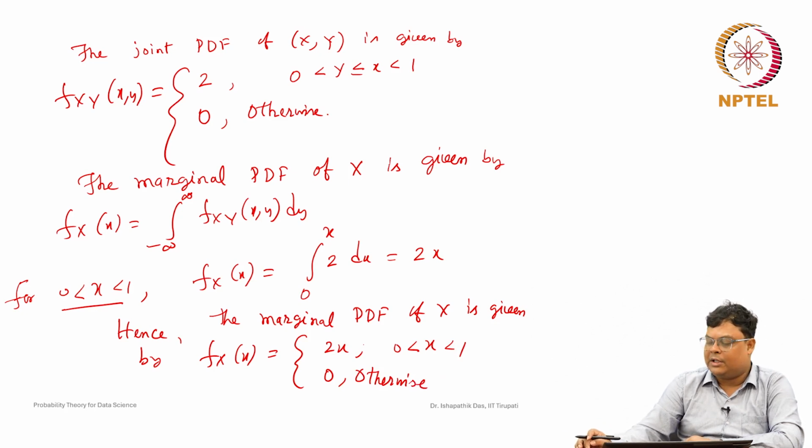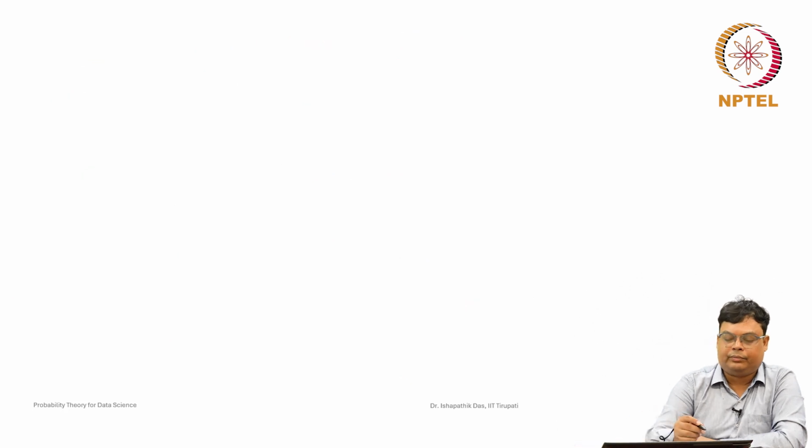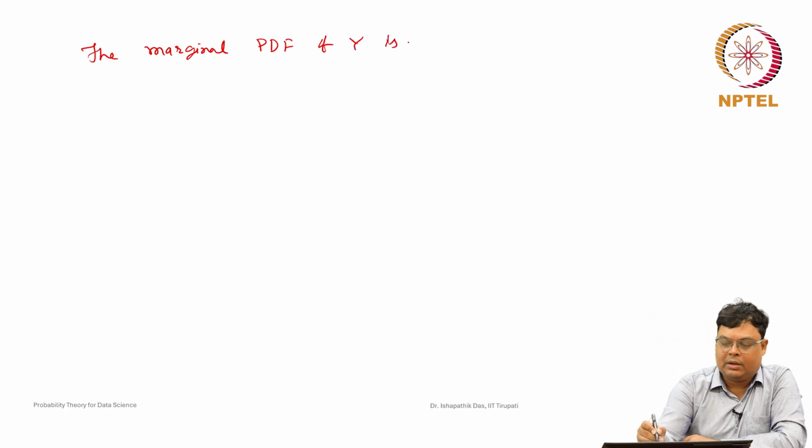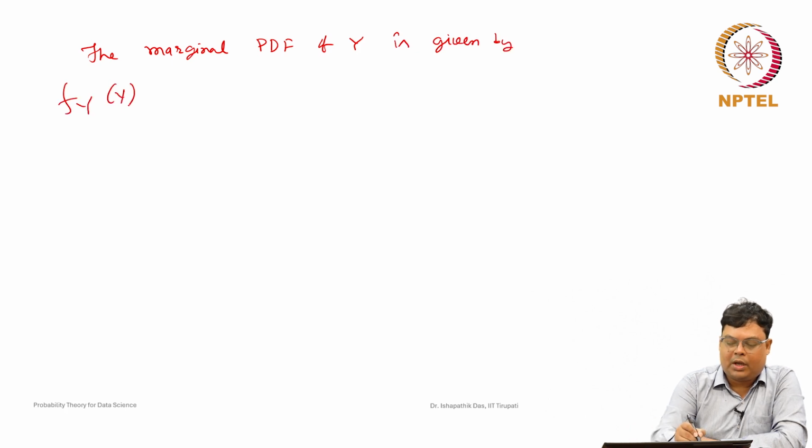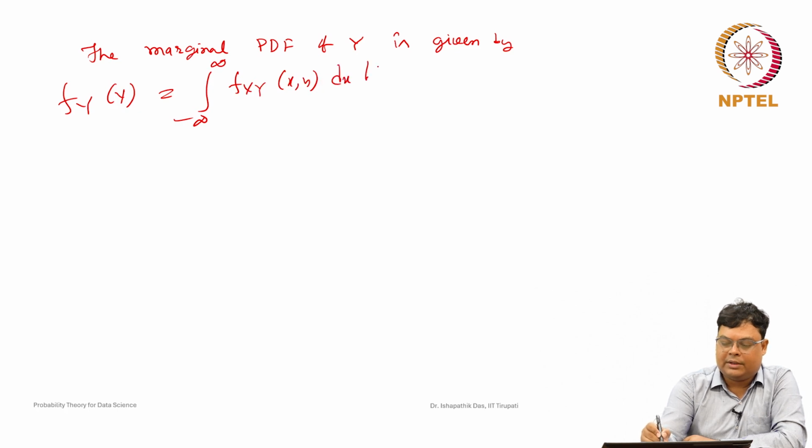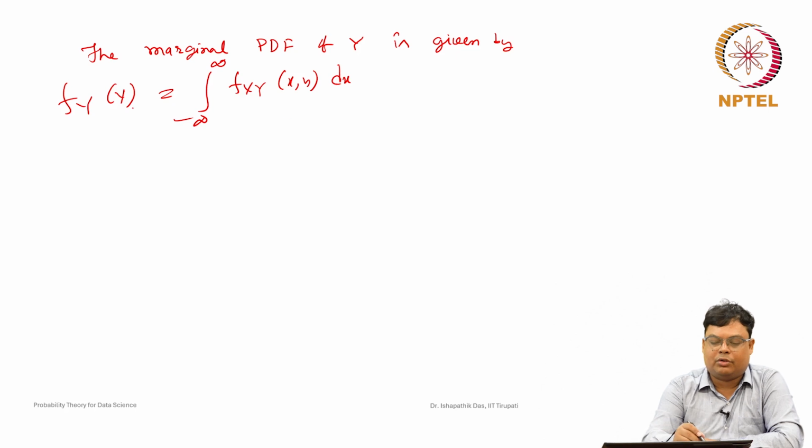Now we want to find the marginal probability density function of y. By definition, f_Y(y) is the integral from minus infinity to plus infinity of f(x,y) dx. We only do dx because we want to find y, so we integrate with respect to x.